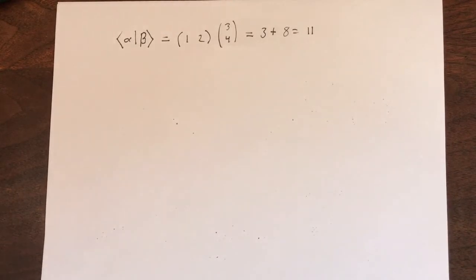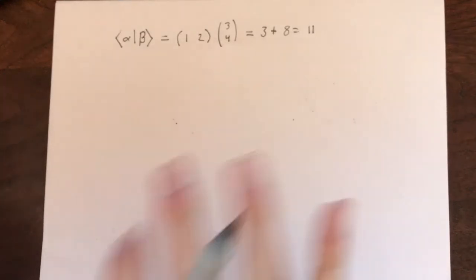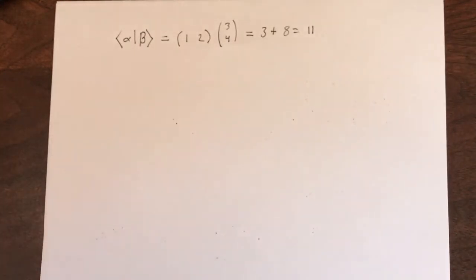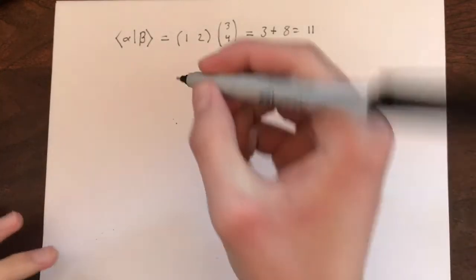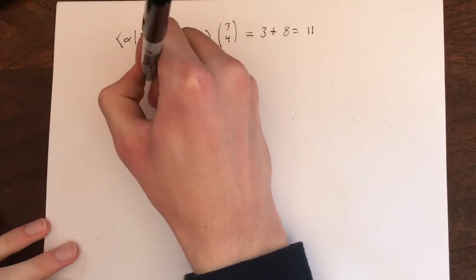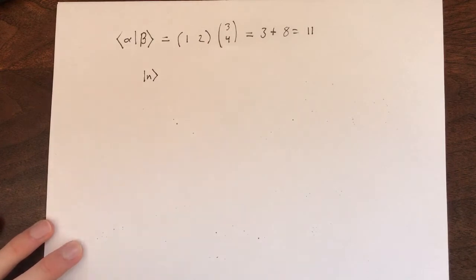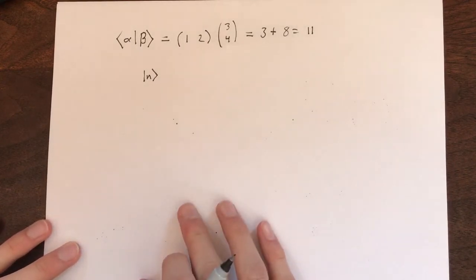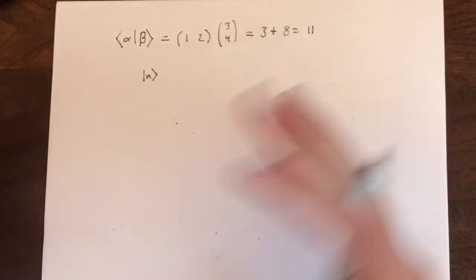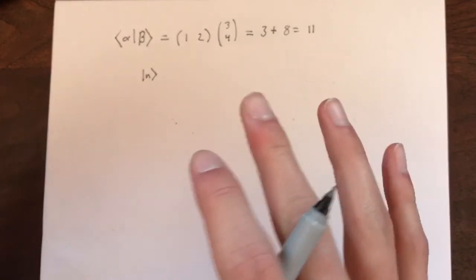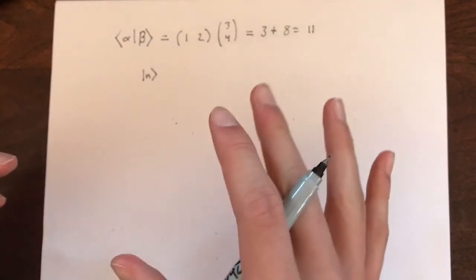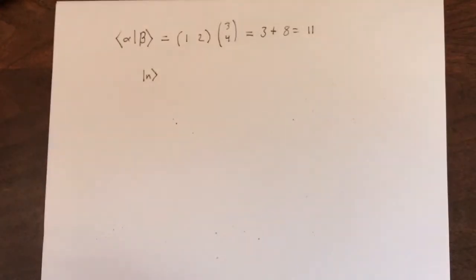Alright, so there are also special types of ket vectors. For instance, a normalized vector is special in that the inner product with its own bra is 1. Let's call this ket vector n. Doesn't matter what way it's pointing, it's just that it's normalized, which essentially means that it has a length of 1. That's the most intuitive way to think of it. But again, this is in a Hilbert space, so it's not exactly a length of 1.